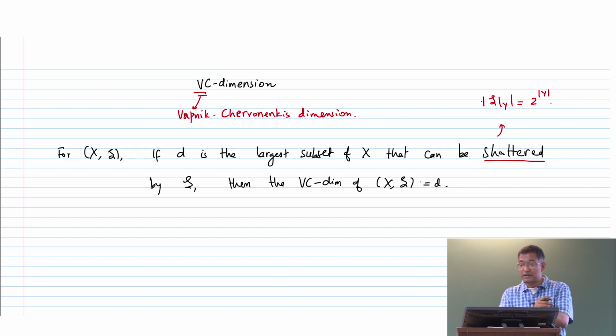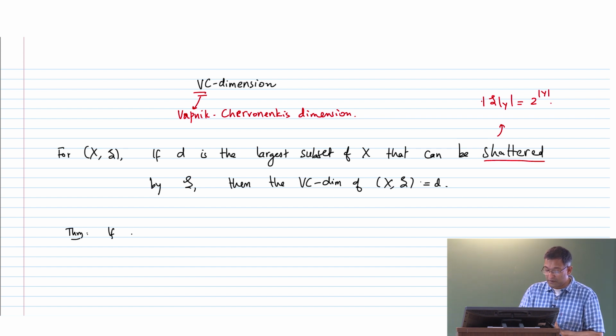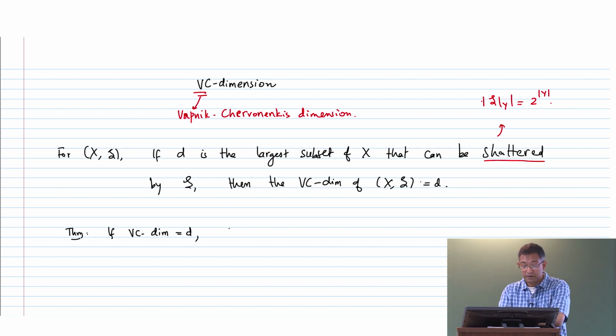In fact, if you have this restriction, this is called the VC dimension of the set system, the size of the largest set that can be shattered. And if the VC dimension is bounded, right? So theorem, if the VC dimension is bounded, then the size of the set system is only polynomial.